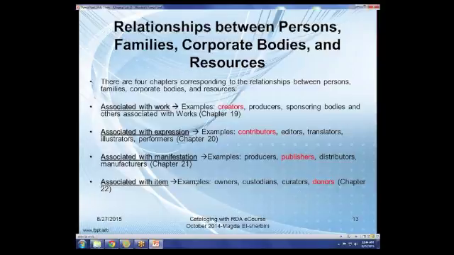Associated with item, okay, owners, past or current, custodians, curators, donors. That is an example that you may see in MARC records. However, in SAGE, we would prefer not to list information pertaining to a particular item in the MARC record.